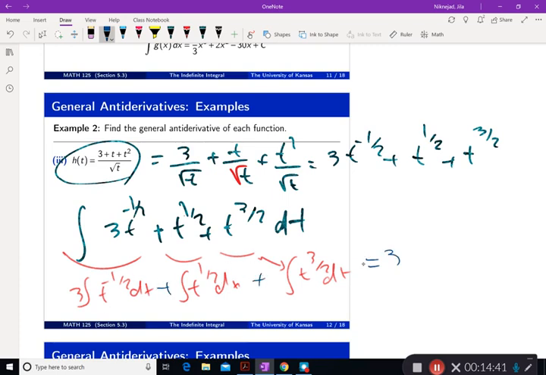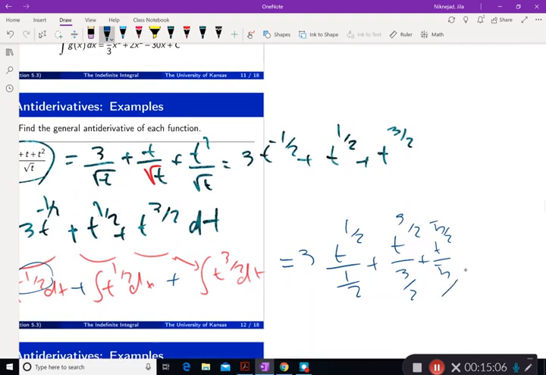first one, coefficient, t to power 1 more, negative 1/2 plus 1 is 1/2. Then you divide by 1/2. Then t to power 1/2 plus 1, which is 3/2, divided by 3/2. Plus t to power 3/2 plus 1, which is 5/2, over 5/2, plus c.